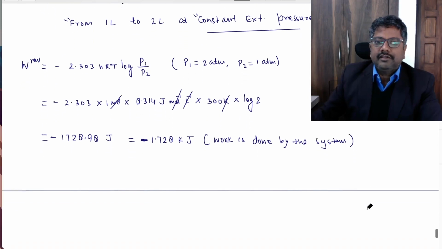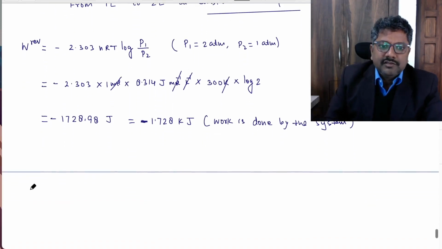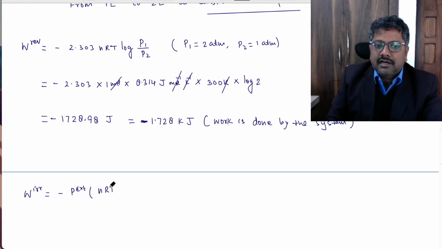Now W irreversible. W irreversible is equal to, I have given you the formula, minus P external into (nRT by P2 minus nRT by P1), right?